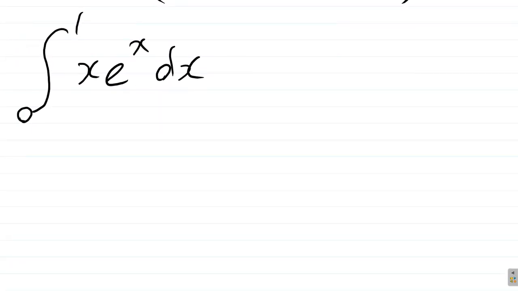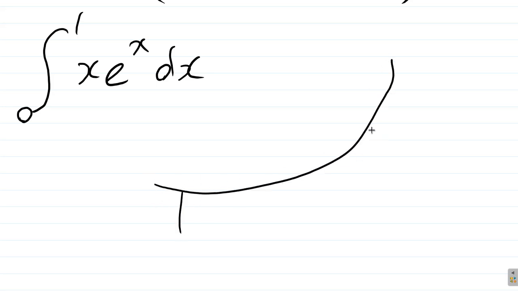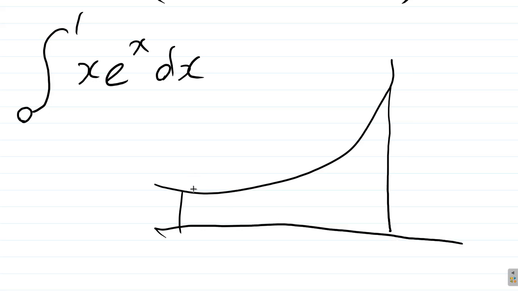How would that look? I think maybe it looks something like this, however it looks. So that's 1, 2, 3, 4, 5 ordinates.